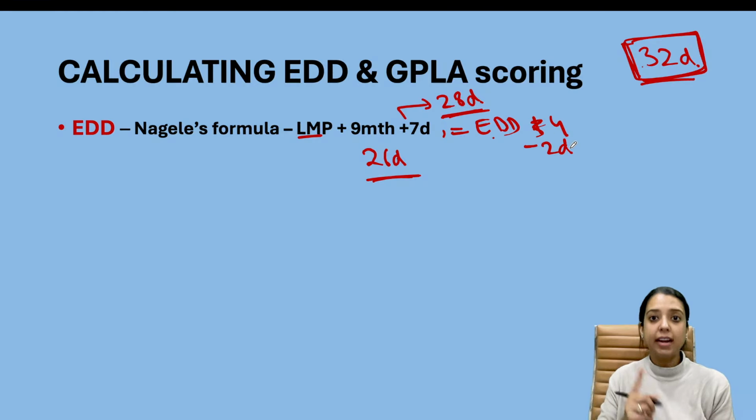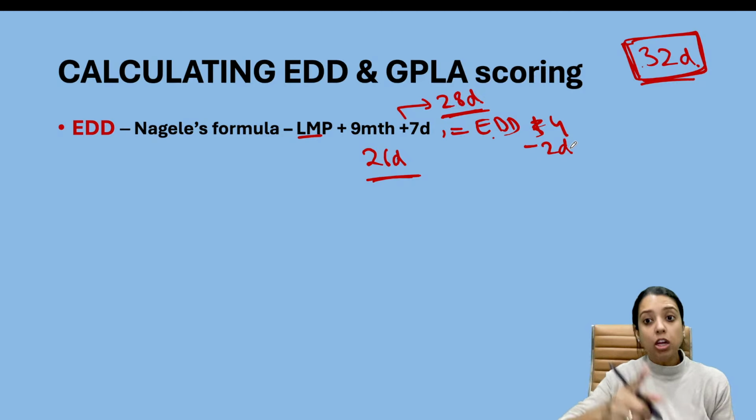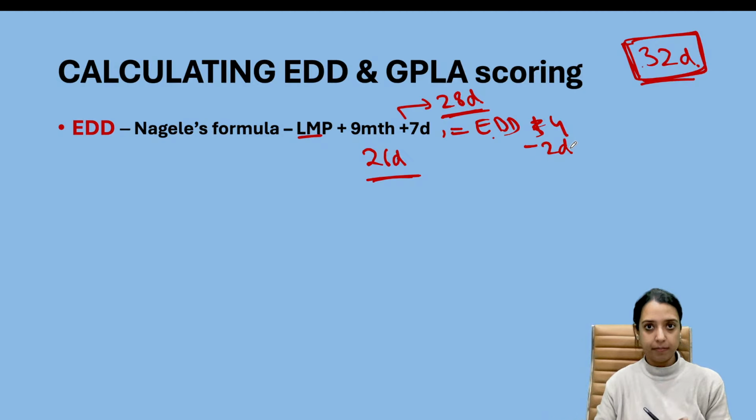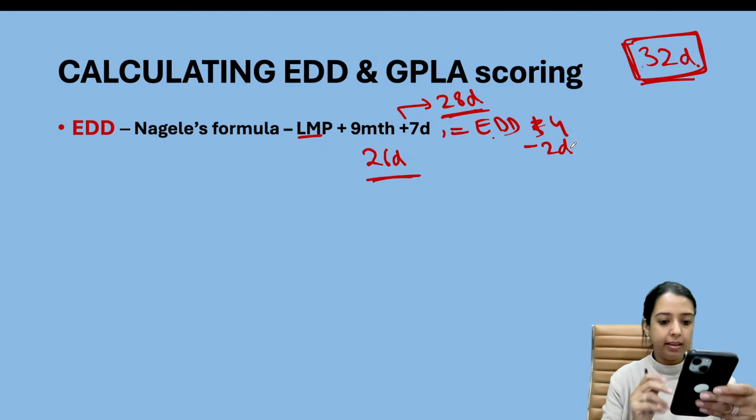It is a correction that has to be done in case the cycle length is given. And if the cycle length is not 28 days, you add the extra days in the EDD. Okay? I know all of you know how to calculate Naegele's formula.